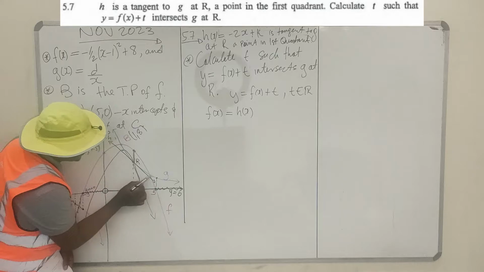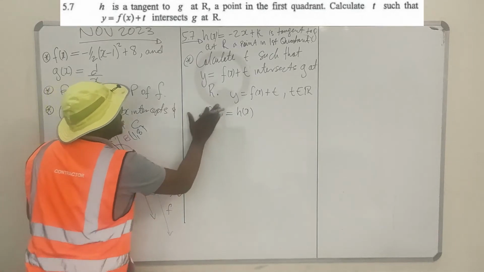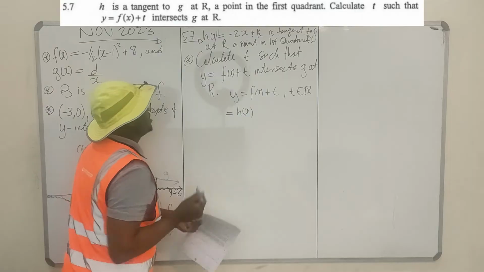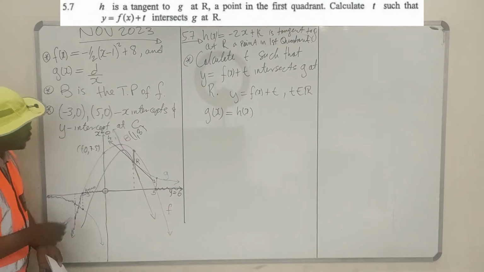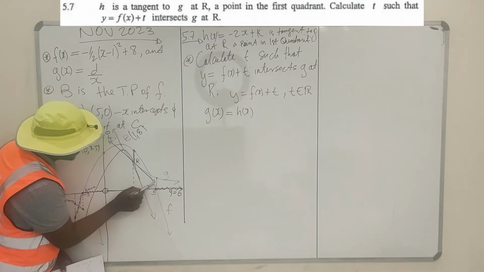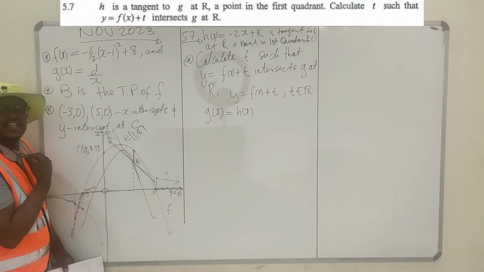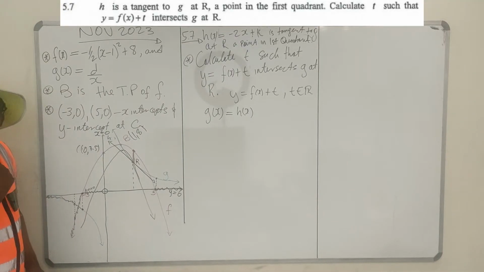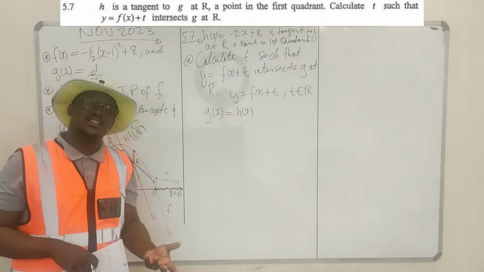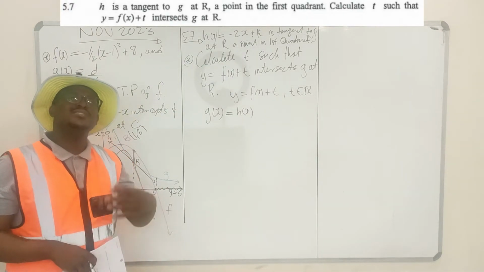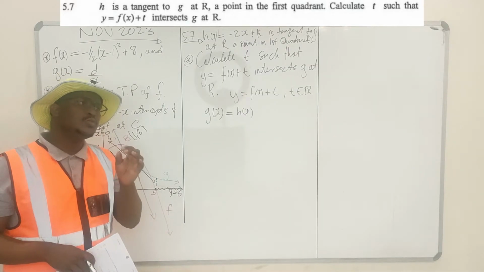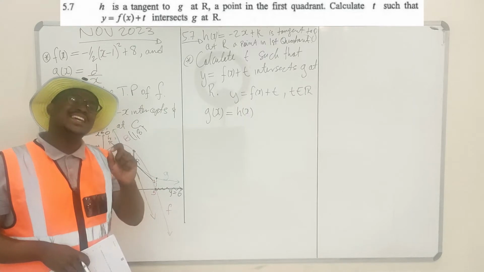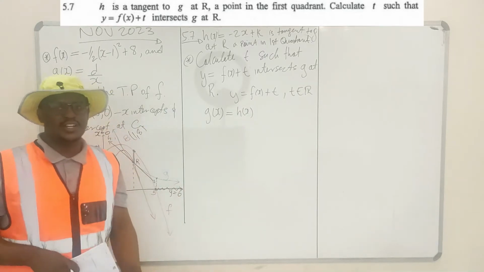Your g of x intersects your h of x, your tangent, here. That's what we know, right? Which means there is a solution. There is a real solution now, because if h of x is a tangent to our function, they do touch. So we do have a real solution now.